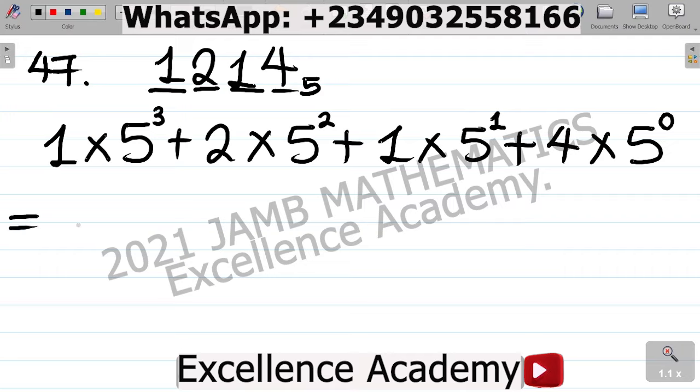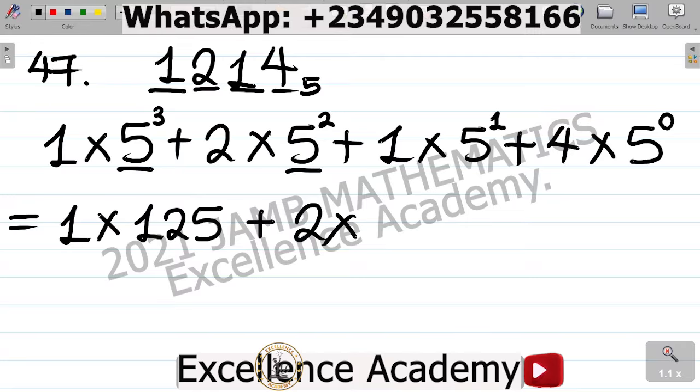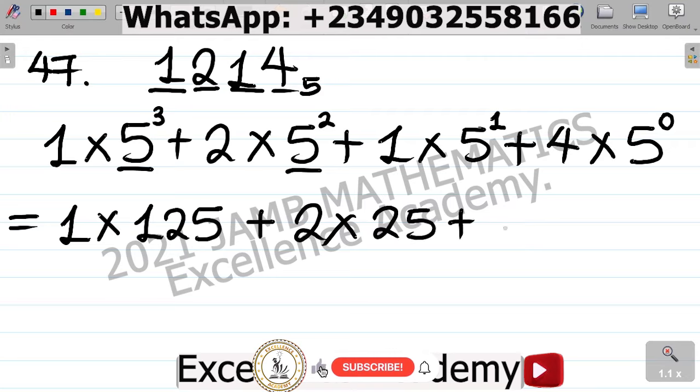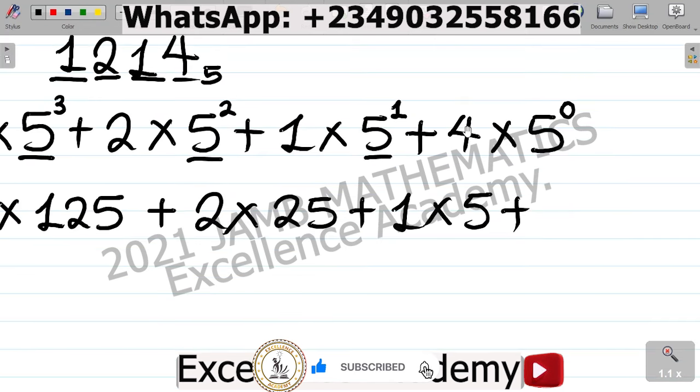So this will now be equal to, we have 1 times 5 to the power 3 gives you 125. That's simply 5 times 5 times 5. That's 125, plus 2 times 5 squared, which is simply 5 times 5, which is 25, plus 1 times 5 to the power 1, which is 5, plus finally you have this one here.